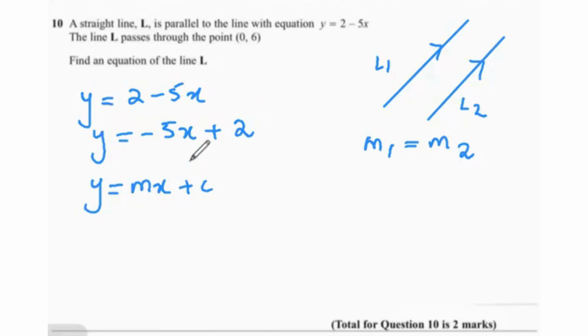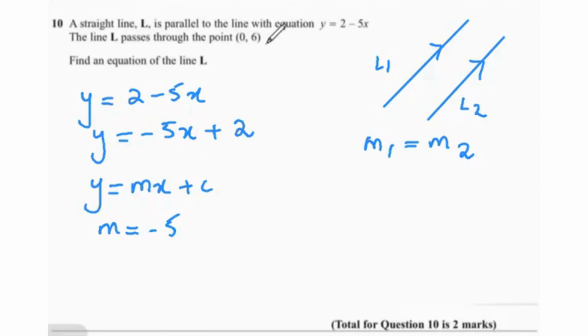And they start thinking that, okay, 2 is going to be the gradient because they always write the gradient first. That's incorrect. You have to make sure that the number that's being multiplied to x is the gradient, not the number that's written first. So that's why I rewrote the equation as y equals negative 5x plus 2, because you can now identify that m is negative 5. So if m1 is negative 5, m2 would also be negative 5.